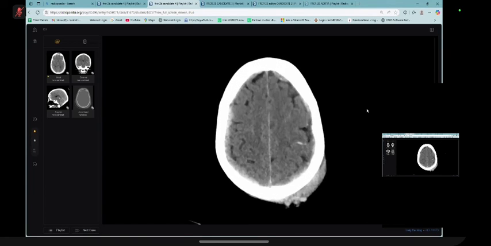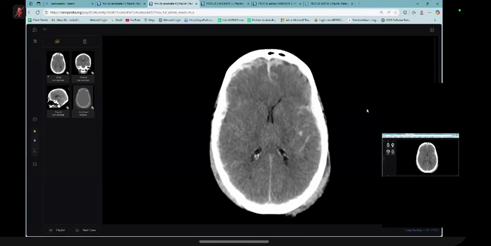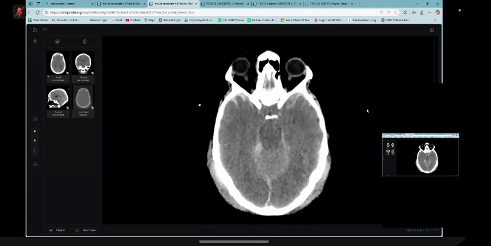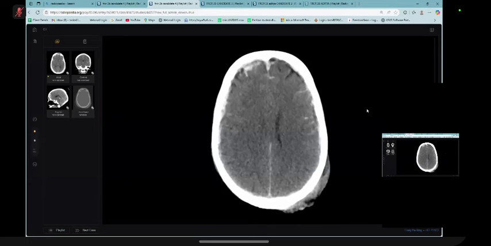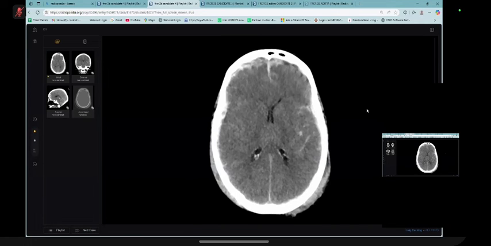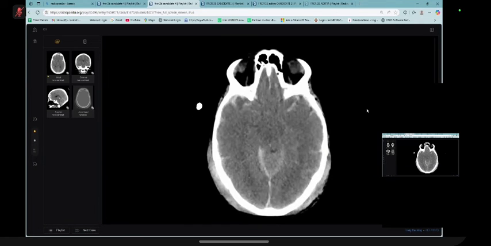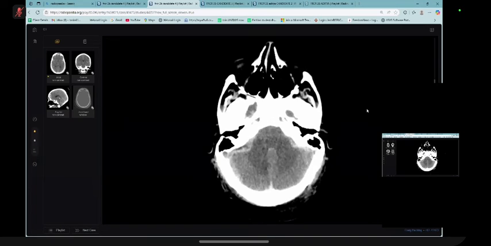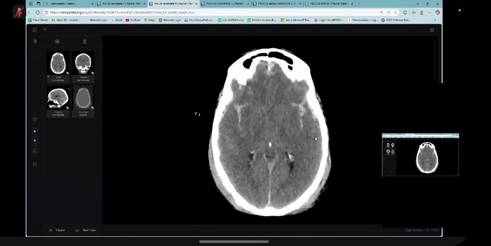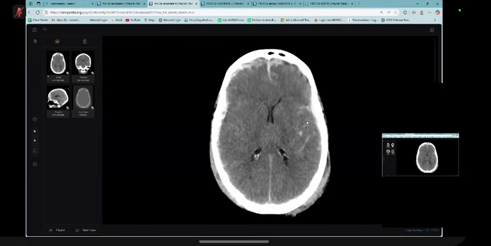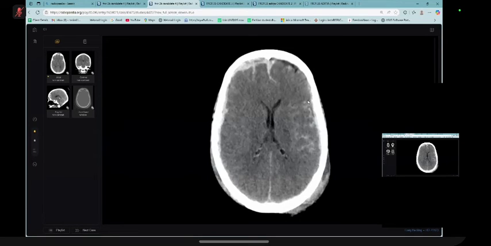I have been presented with an axial non-enhanced CT brain, in which I can see diffuse subarachnoid hemorrhage involving the bilateral cerebral hemispheres, extending from the base of the skull till the vertex. Also, there is mass effect evident by the effacement of the gyri and sulci.